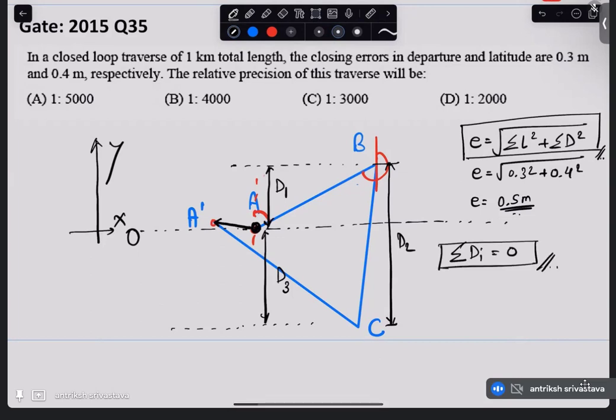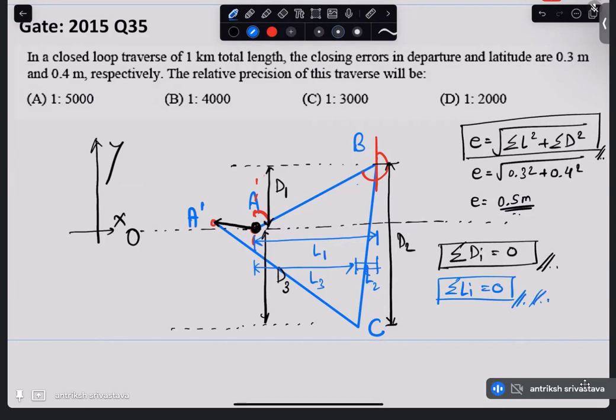Similarly, if you will see that you moved from A to B in x-axis, then B to C in again x-axis, and then you should have moved from C to A. So the summation of all these movements considering the sign convention should be 0.